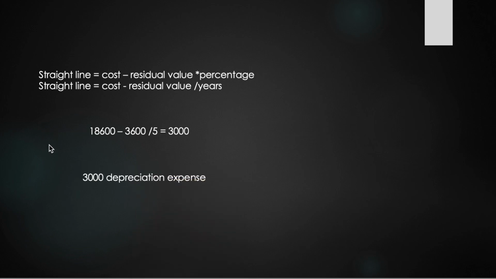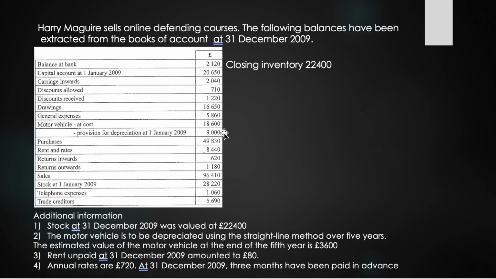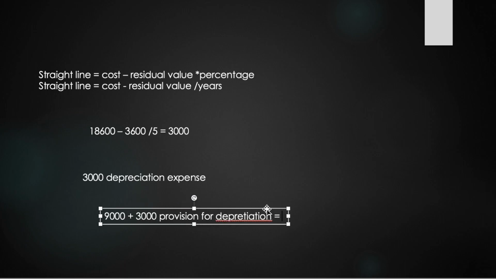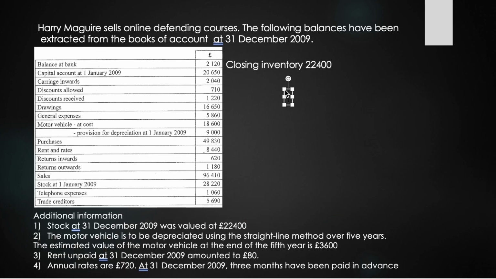However, you have to add 3,000 to the provision for depreciation as well, which goes in the statement of financial position. So we do 9,000 plus 3,000 equals 12,000. So I'd like to just put a plus 3,000 next to the provision for depreciation balance on the screen, so I don't forget about it when I transfer it into my figures.